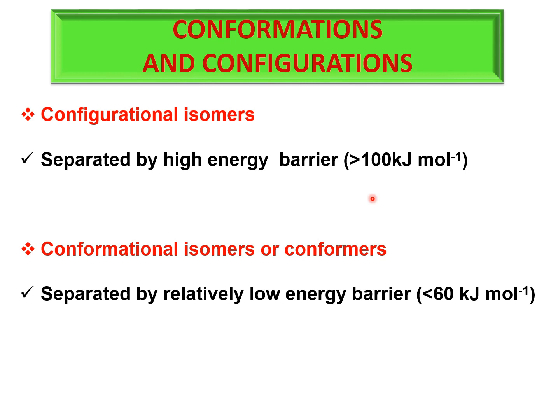On the other hand, the energy barrier between two conformational isomers is quite low, usually below 60 kilojoules per mole. So from this data you can say that the interconversion of two conformational isomers is quite easy as compared to the interconversion of two configurational isomers.